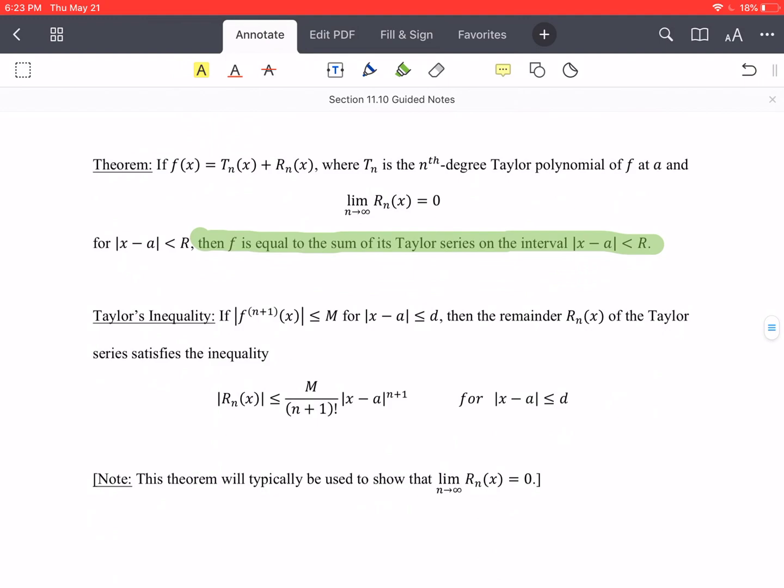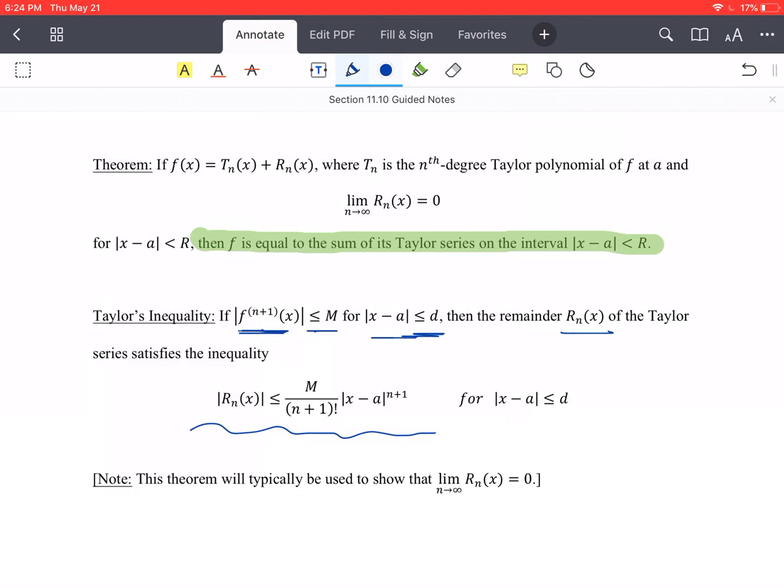All right, and this brings us to another tool that's going to be very valuable for this process, and that is Taylor's inequality. Taylor's inequality says if the absolute value of the n plus 1th derivative is less than or equal to M, for the absolute value of x minus a being less than or equal to d, then the remainder of the Taylor series satisfies this inequality.